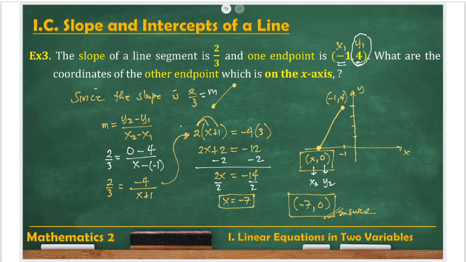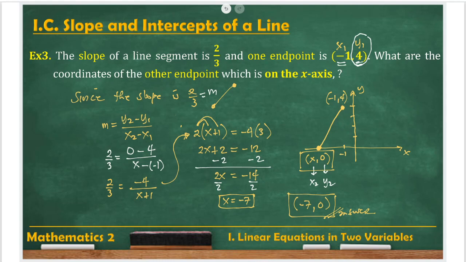Okay, so another solution here is you can just use rise over run in your graph. So suppose you opted to use a graph. Just like what we did, we plotted the 2 points. From negative 1, 4, you can use 2/3, which is the slope, to locate another point.